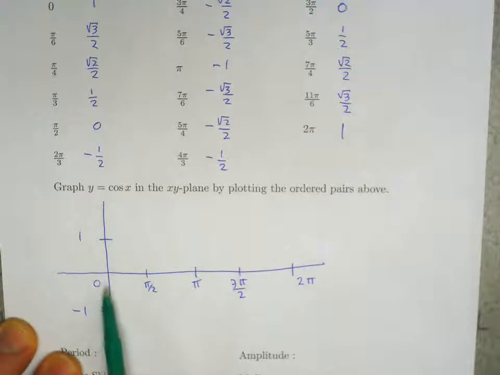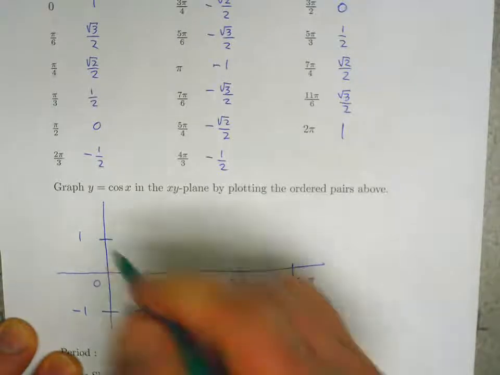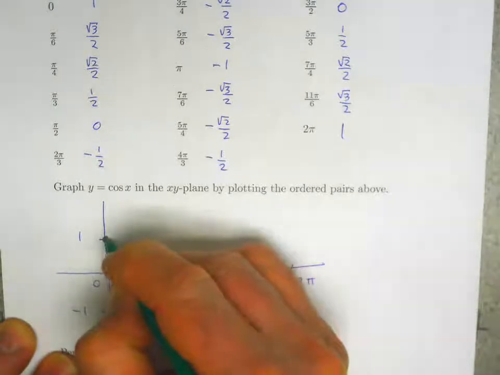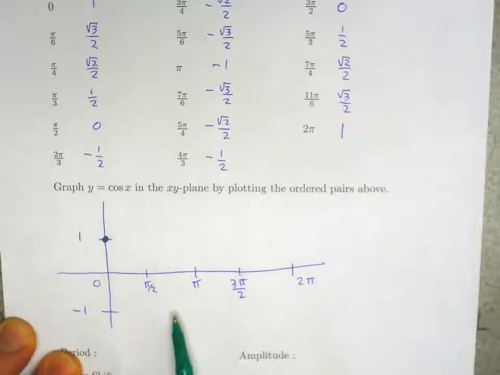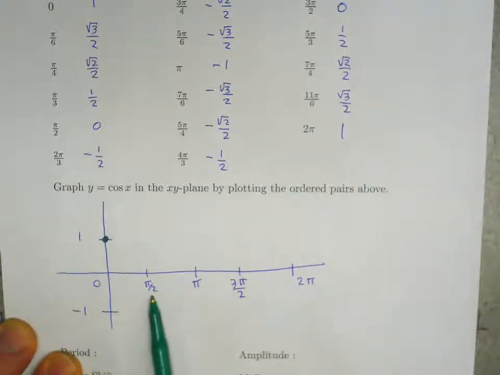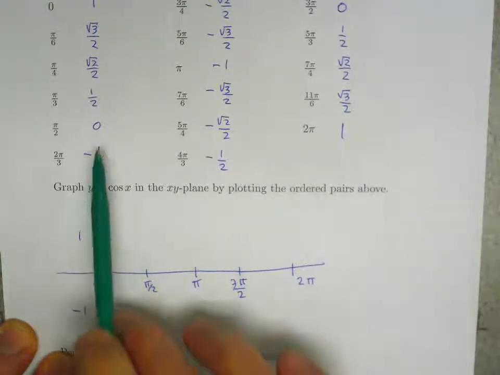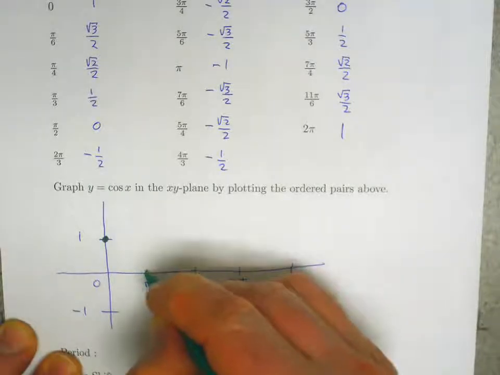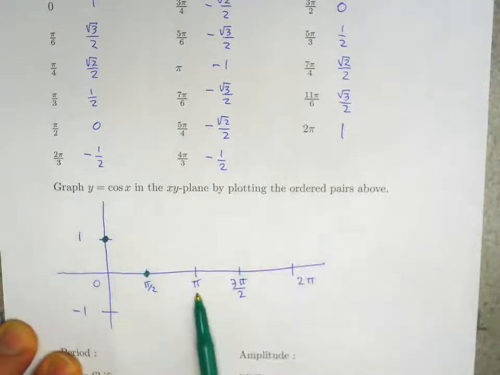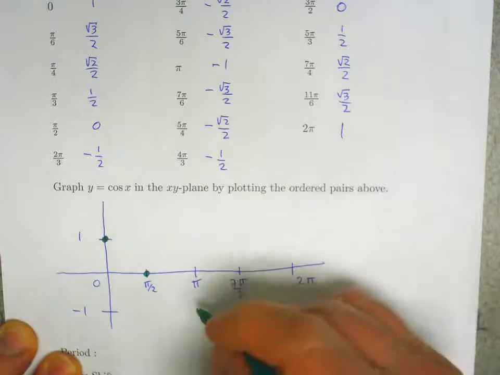Okay, cosine of 0 is 1, so we have this point on the graph, (0, 1). Cosine of pi over 2 is 0. Cosine of pi is negative 1.